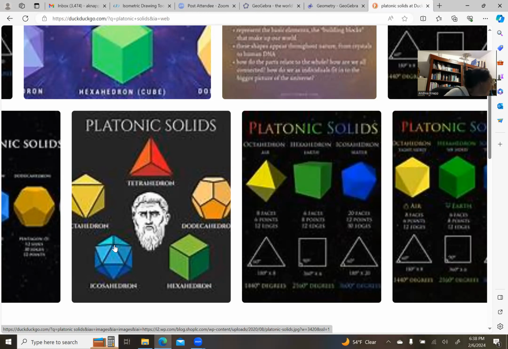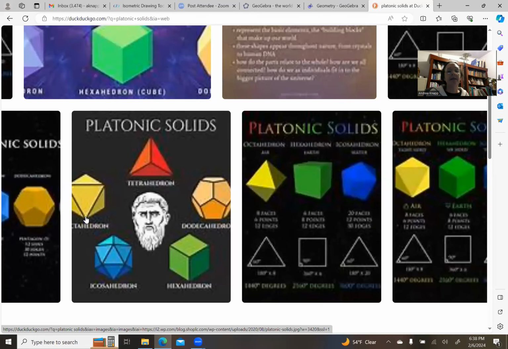And then we've got the octahedron right here. On the octahedron, again, it's made of equilateral triangles, but we've got 4 equilateral triangles coming together. So how many degrees are coming together at this point? 240. So 60 times 4, 240.